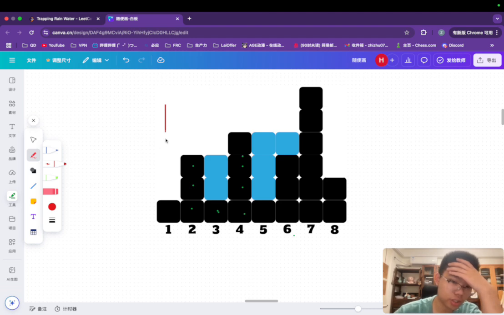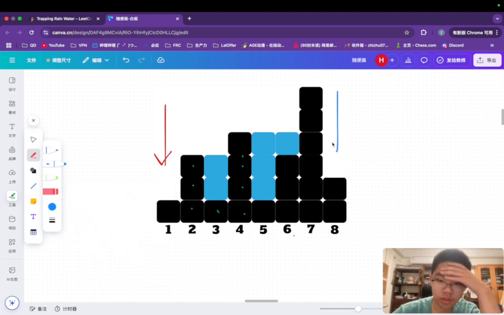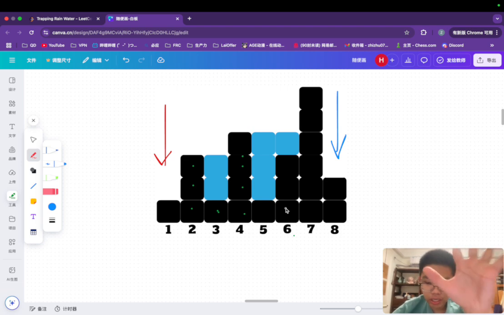So for instance, here is the first person, the red guy, and here's the blue guy from the start and the end. And each time we only focus on the smaller one between the two elements pointed by two people, or we can just call it two pointers.